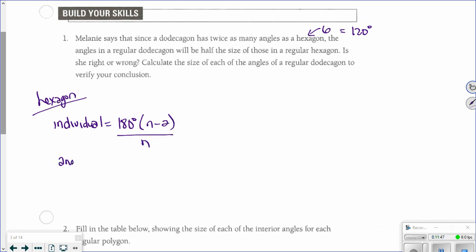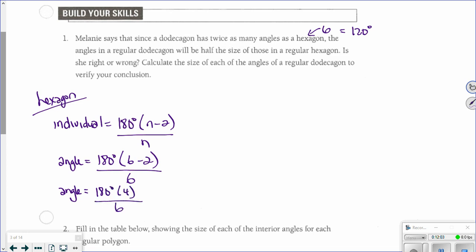So the angle is 180 degrees times 6 minus 2 divided by 6. Our angle is going to be 180 degrees times 4 all divided by 6, which is 120 degrees.